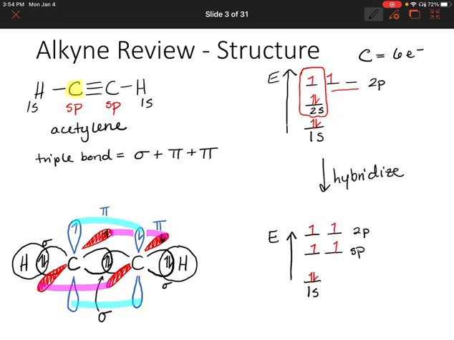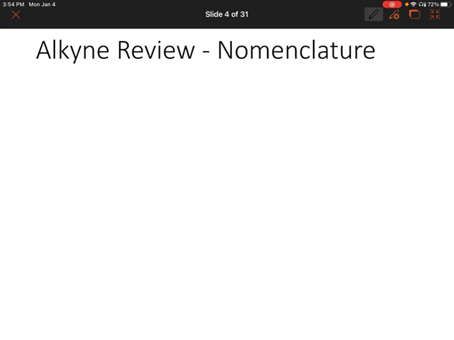All right, so let's look at nomenclature for triple bonds. So how do we name alkynes? So the first thing we want to do is name the parent chain. So we want to identify and name the parent chain.